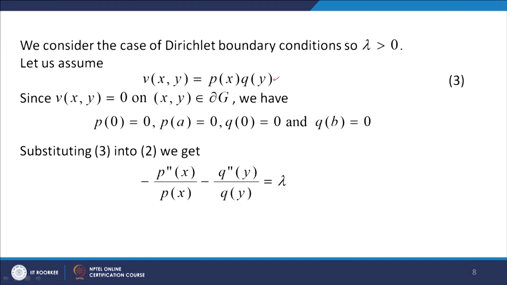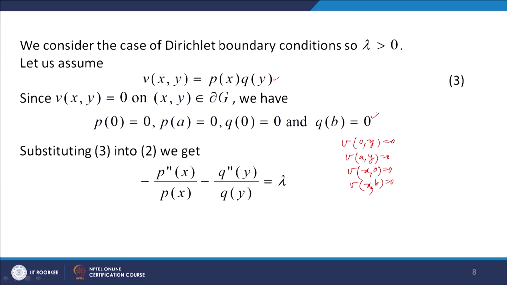Since v x y equal to 0 on the boundary, we have, okay, v 0 y equal to 0 gives you p 0 equal to 0. v a y equal to 0 gives you p a equal to 0, and v x 0 equal to 0 gives you q 0 equal to 0. v x b equal to 0 gives q b equal to 0.